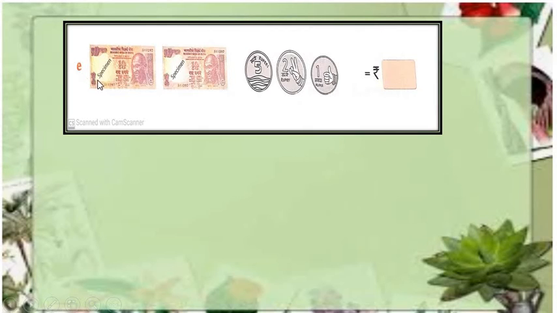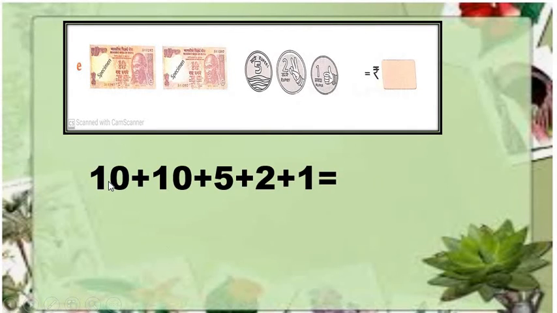Number E, 10 rupees plus 10 rupees plus 5 rupees plus 2 and 1. So let's make counting. 10 plus 10 plus 5 plus 2 plus 1.